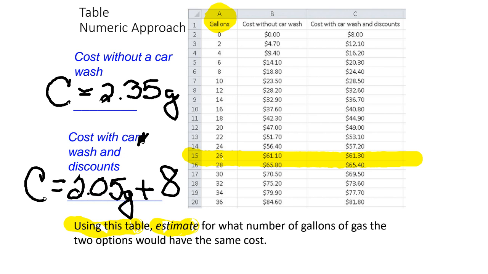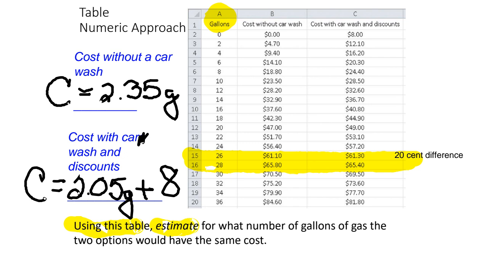In column C, I have $61.30. In row 15, I have a 20-cent difference. Oh, I'm real close. I am really close in this column.